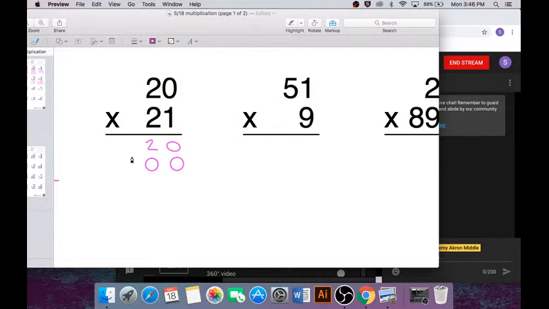And 2 times 2 is 4. Add those together. 0 plus 0 is 0. 0 plus 2 is 2. And 4 plus 0 is 4. So our answer is 420.